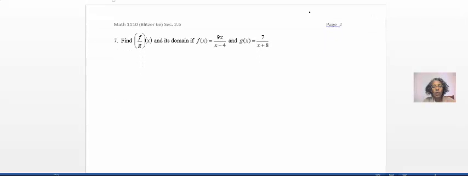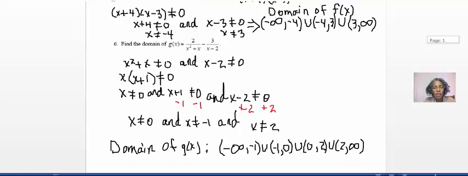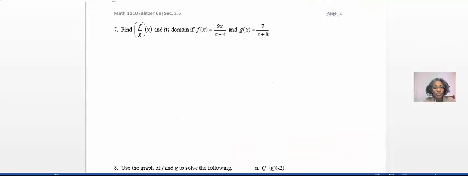All right, when I want to find the quotient function, f divided by g of x, I simply divide the one function by the other and simplify.